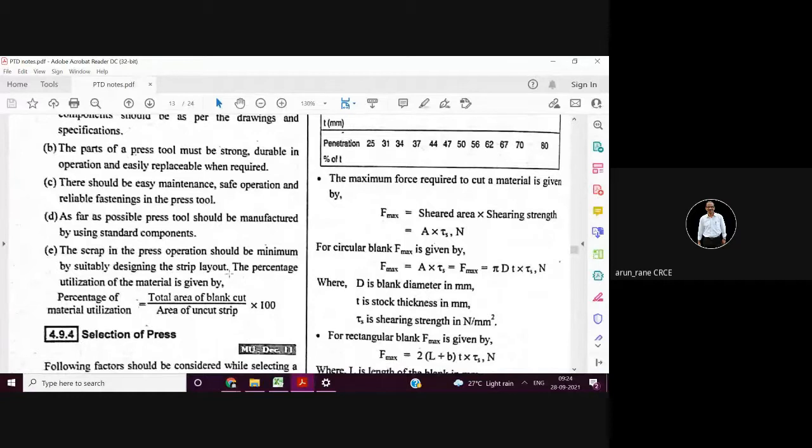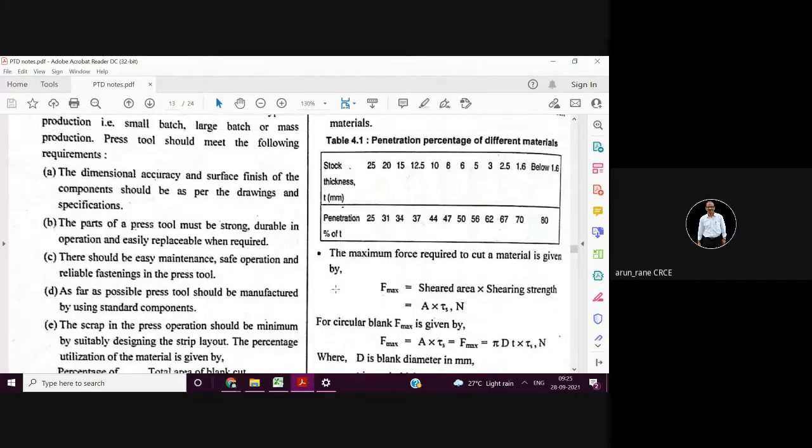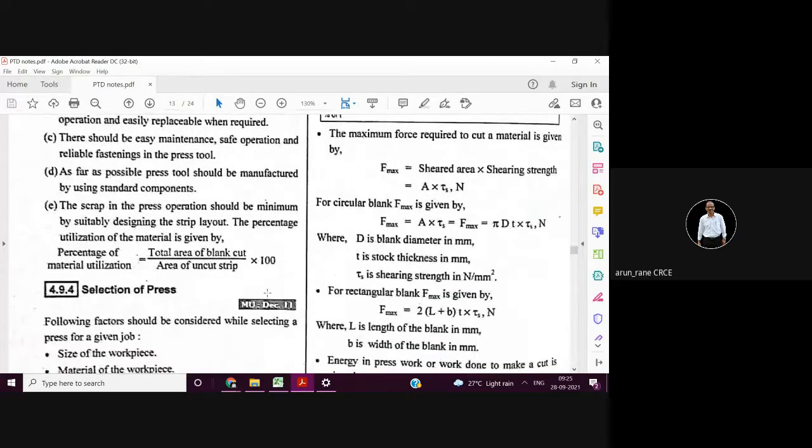In this you already know how to find out the percentage of material utilization, that is, total area of the blank. Let me make it clear that here you have to take the blank area, and suppose in the blank there are many holes, you are not supposed to subtract that area.